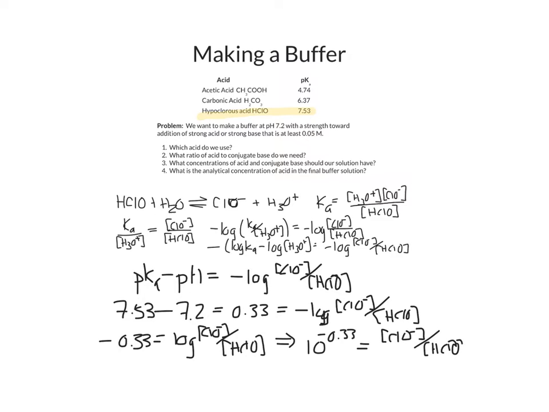And that is equal to 0.468. So at this point, we've answered two of our questions. We're going to use hypochlorous acid, and we want a ratio of conjugate base to conjugate acid that is equal to 0.468.